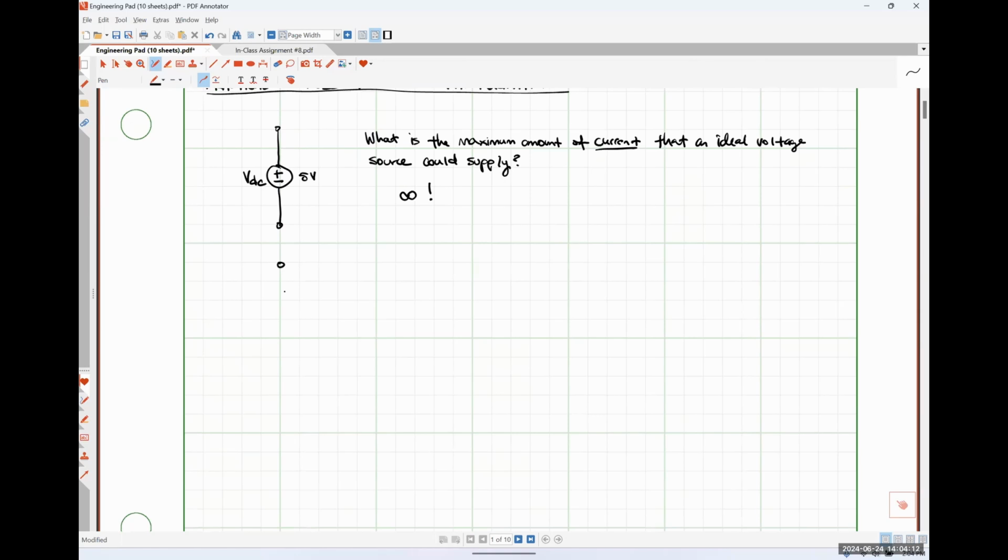Similar question. Let's say that we had an ideal current source. Let's say it was supplying 2 amps of current.